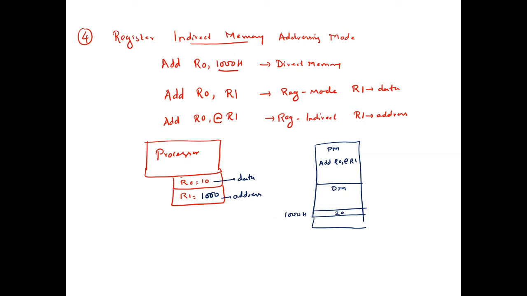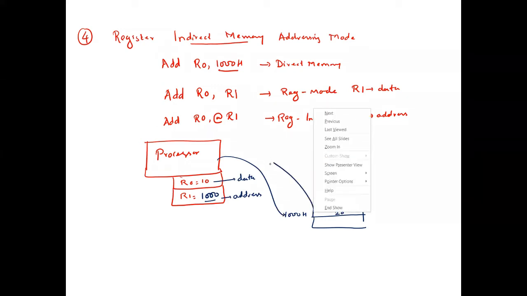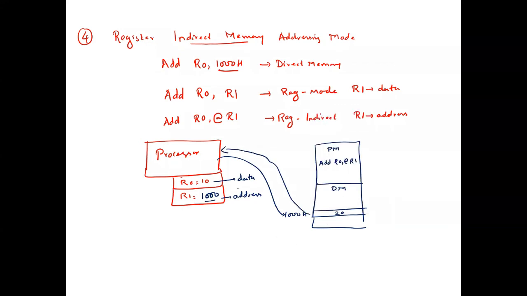We have told it to go to R1, so it will take R1, and in R1 we have specified an address. Now the processor will go to this address and retrieve the 20. So 20 will be brought to the processor, and this is how the content will be added.